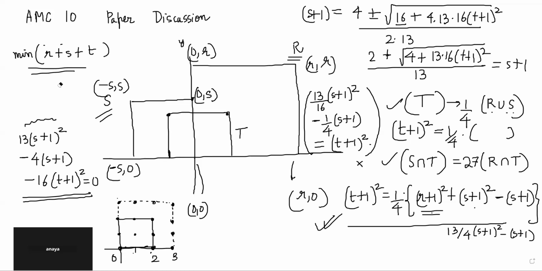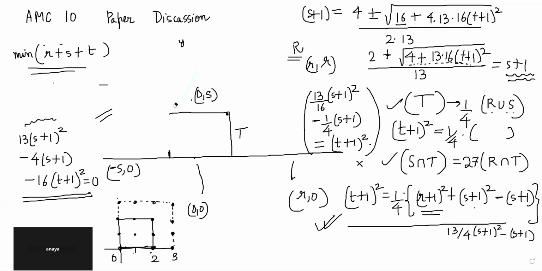Okay. Also, S plus 1 has to be an integer. We know that. So this thing somehow should work out to be an integer, right? Yeah. It should be a perfect square somehow. Also, it should be divisible by 13, which is an important thing. So great. A lot of information is here.